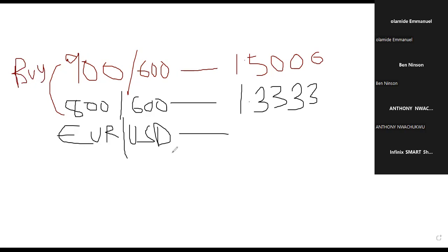Now, if there is a decrement in Euro, probably Euro came down to maybe 600. Let's say it came down to 600. 600 divided by 600 is 1.